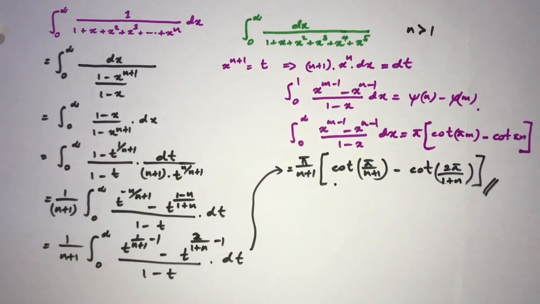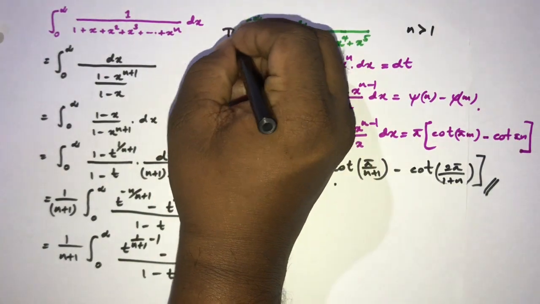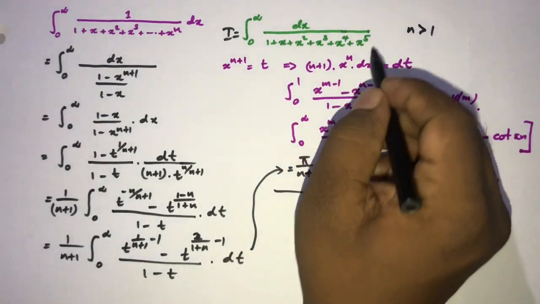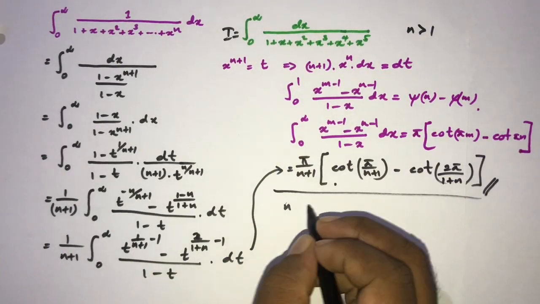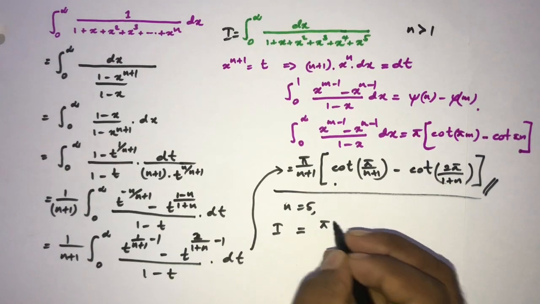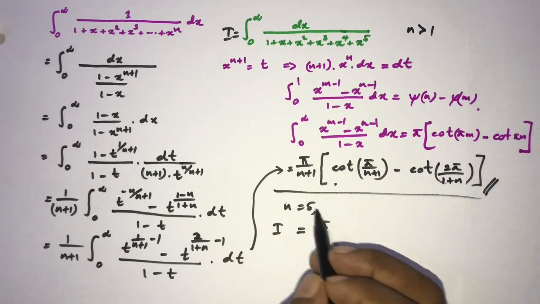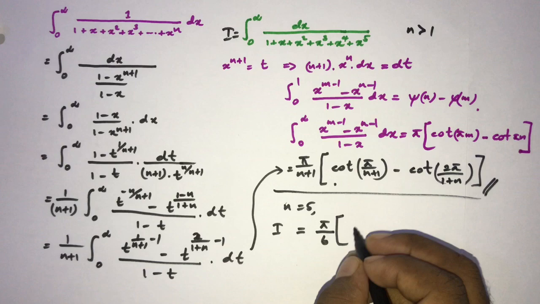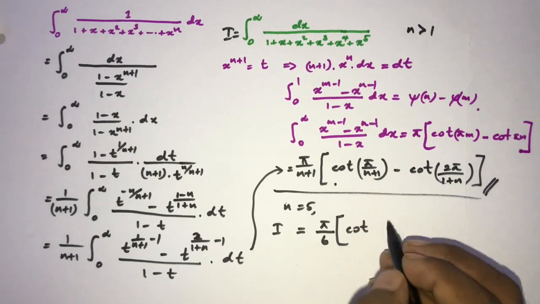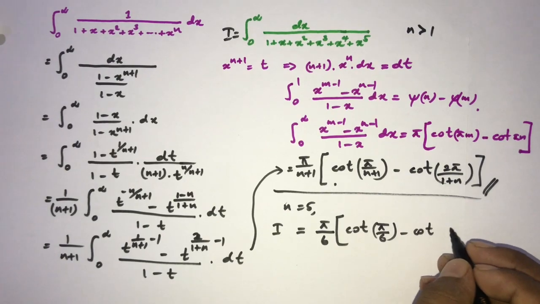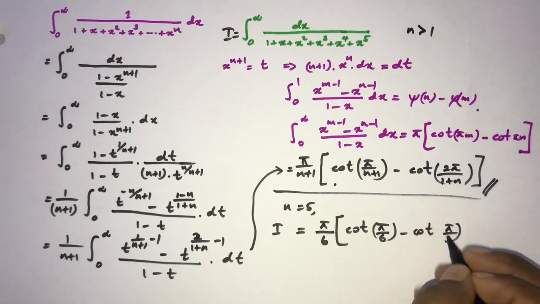Now I am going to call this integral I. When n is equal to 5, our integral I is equal to pi over 5 plus 1, so pi over 6, times the cotangent of pi over 6 minus the cotangent of pi over 3.